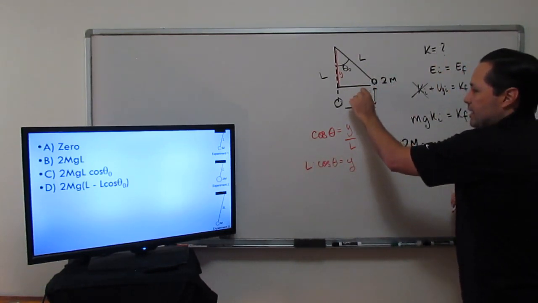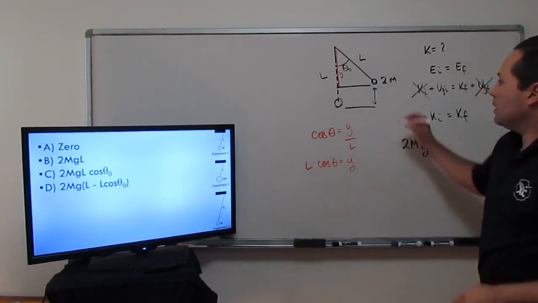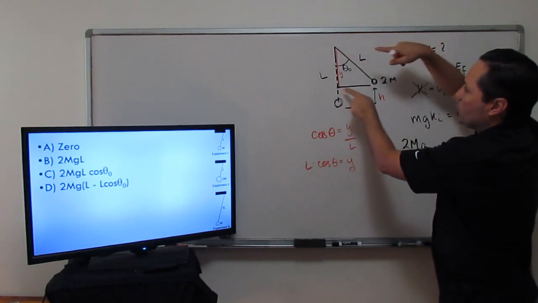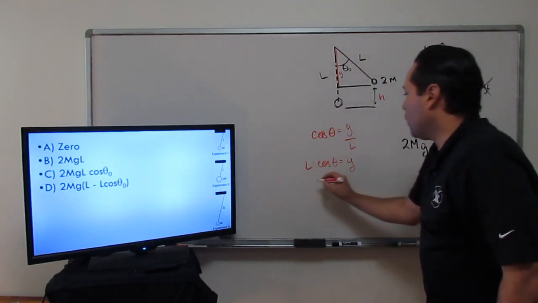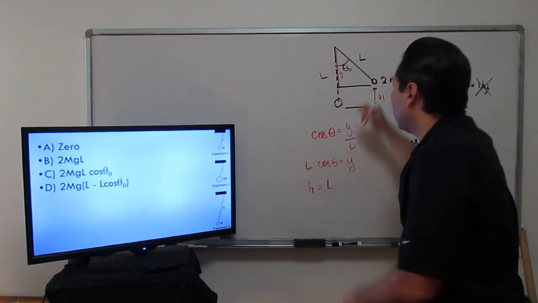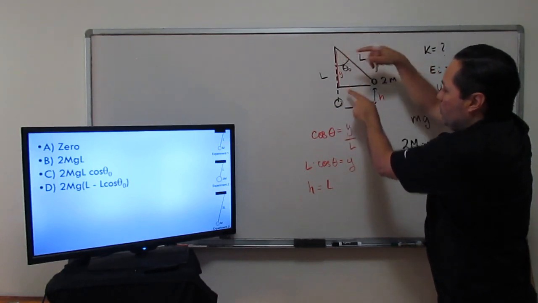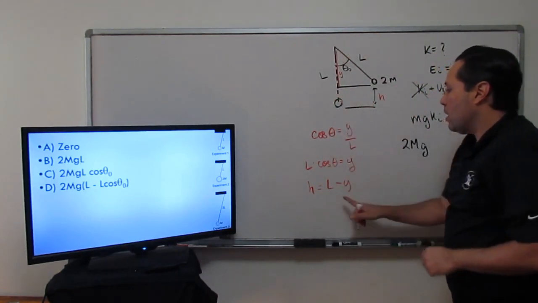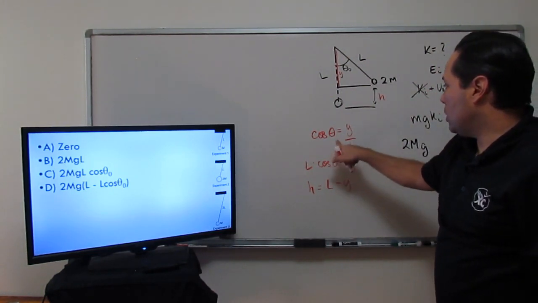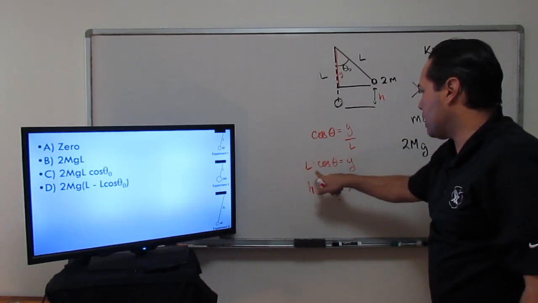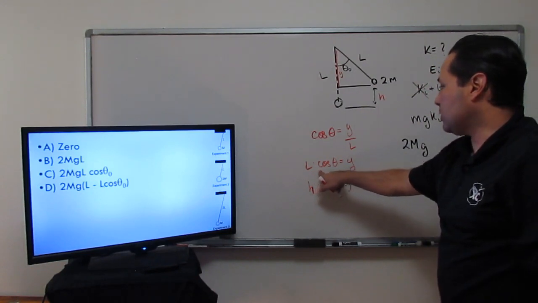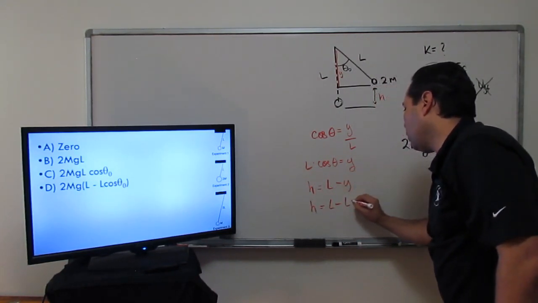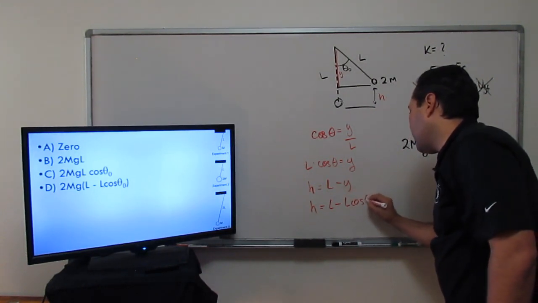Now what is this height right here? The height is really length minus y. So the height is really the length, from here to there, minus the y, and that will give us this value, which is the height. I'm going to substitute: what is y? y is L times cosine theta, so my height is really L minus L cosine theta.